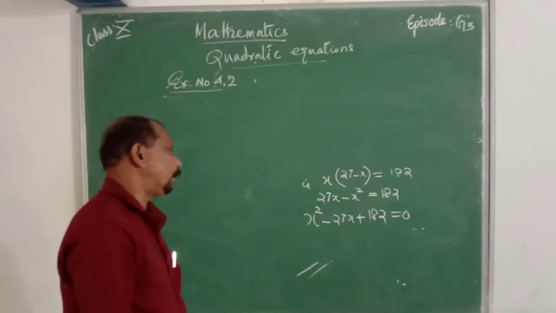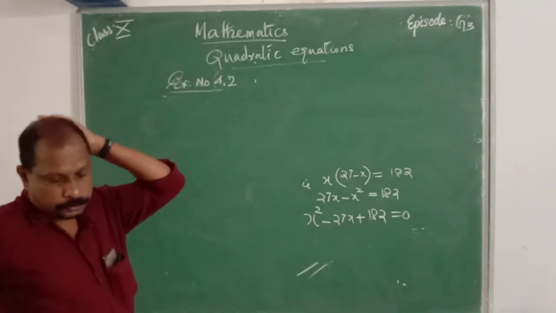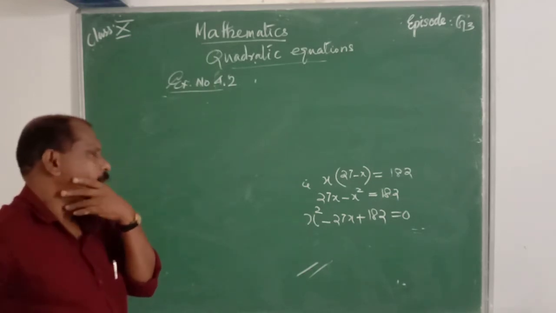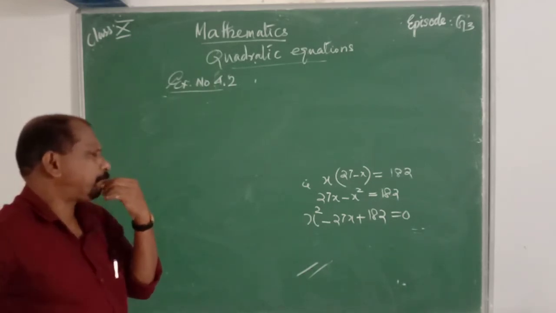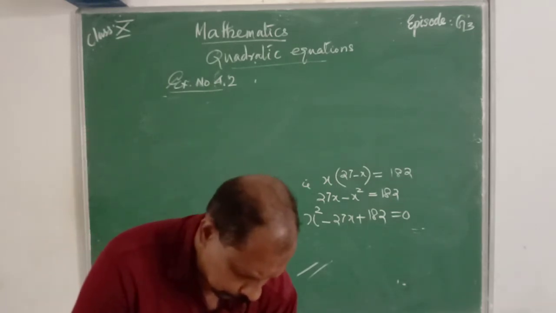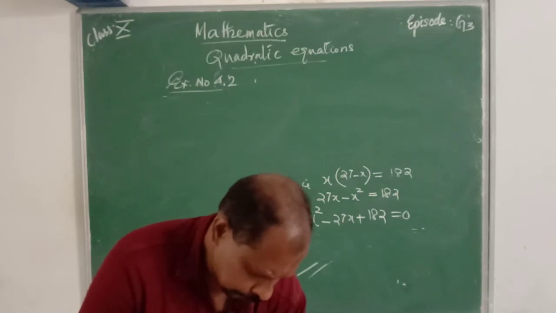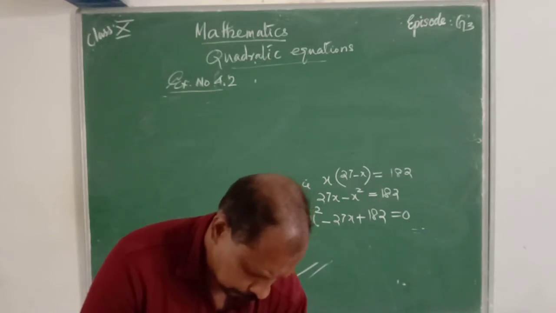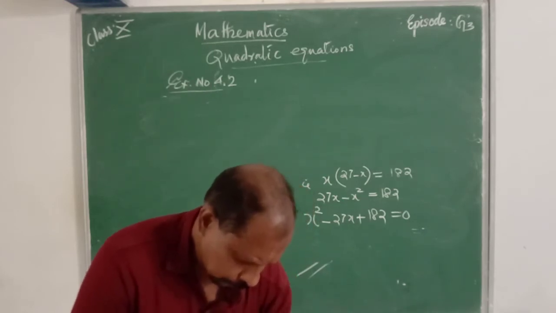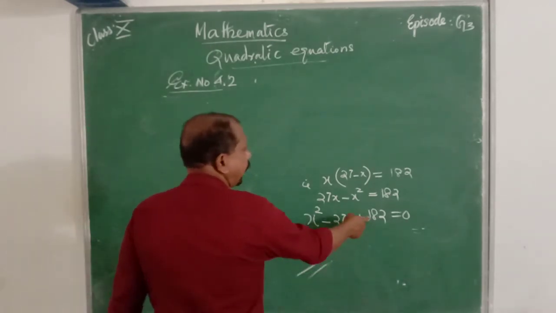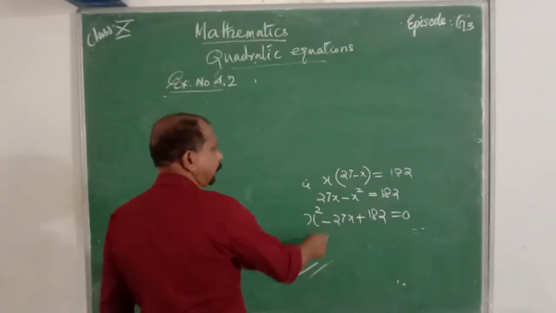We can solve that equation using factorization or using the quadratic formula. That means product is 182 and the sum is 27.